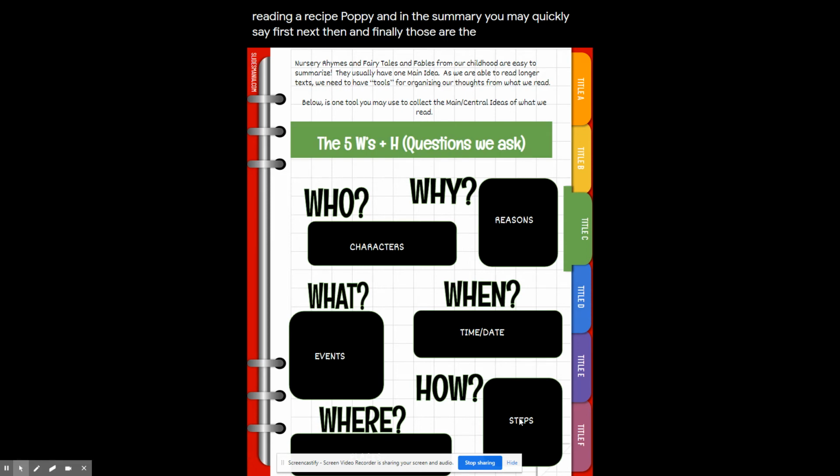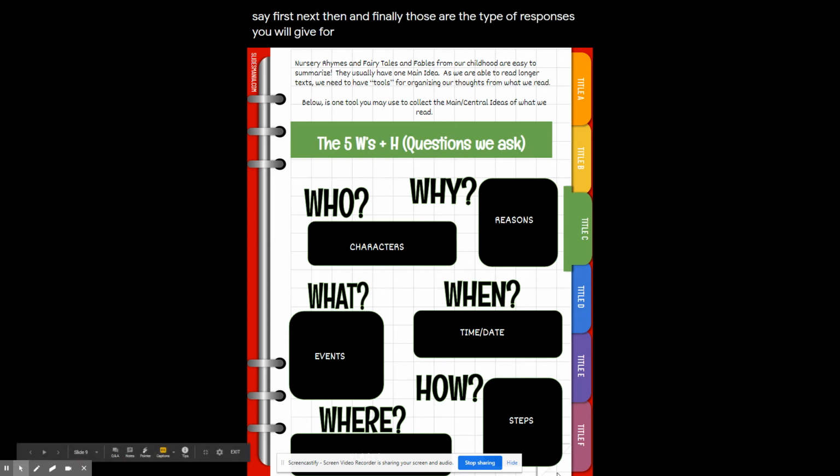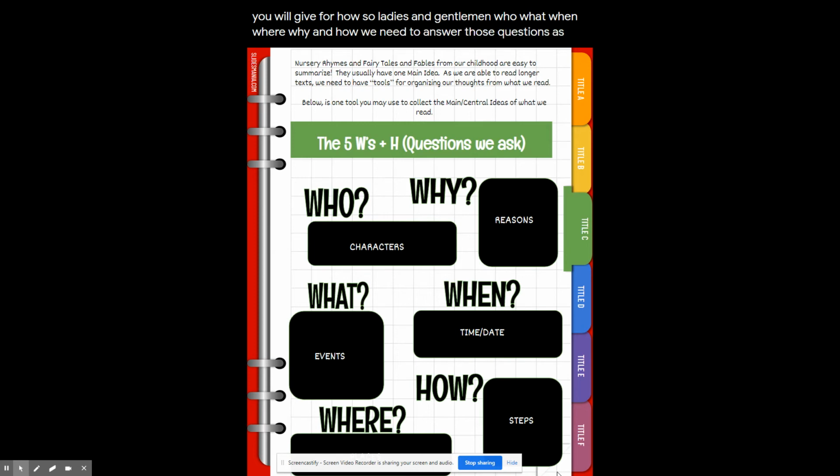Those are the type of responses you will give for how. So, ladies and gentlemen, who, what, when, where, why, and how. We need to answer those questions as we read. When we are able to answer those questions and we are finished with the passage or the text we are reading, we should be more than prepared to write a quick summary.